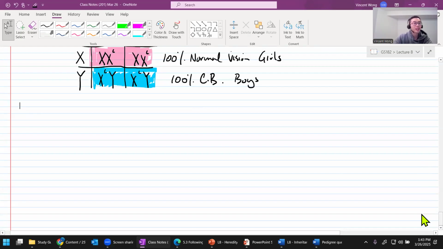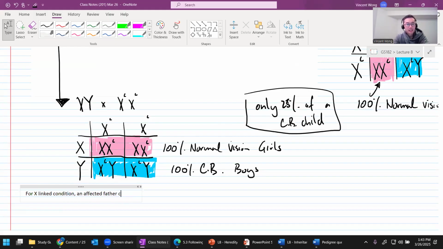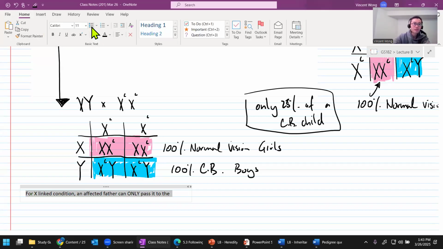Can I repeat the last part I said about what's important? What's important is that for X-linked conditions, an affected father can only pass it to the... Okay, someone finish the sentence for me.